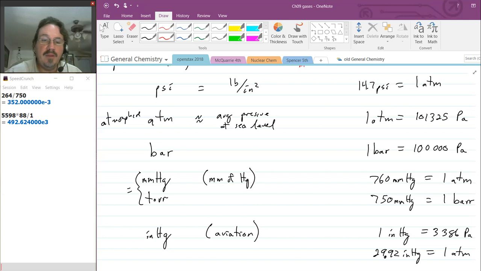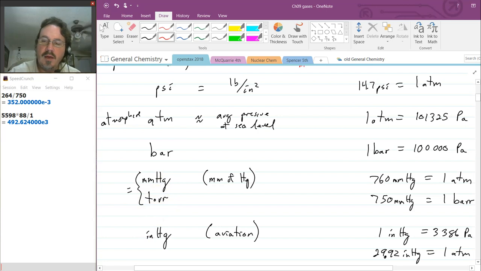Another very commonly used unit is millimeters of mercury. That's because some of the first measurements were done by measuring a column of mercury and how much force it put down. We're going to do some problems on that. So literally a millimeter of mercury is a unit of pressure. Now that sounds strange because it's a distance, and we'll see why it makes perfect sense in just a second. Millimeters of mercury is the same thing as a torr, just a different name for exactly the same unit, named after the scientist.